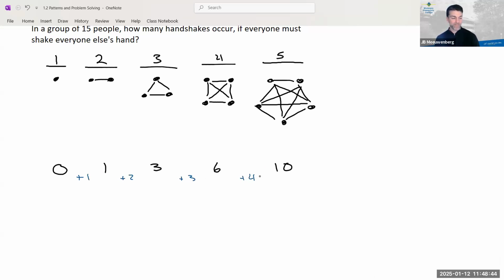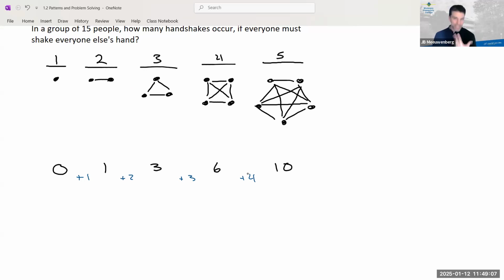This is +4. So to find 2 people's handshakes, I'm adding 1 to 0. To find 3 people's, I'm adding 2. To find 4 people's, I'm adding 3. To find 5 people's, I'm adding 4.